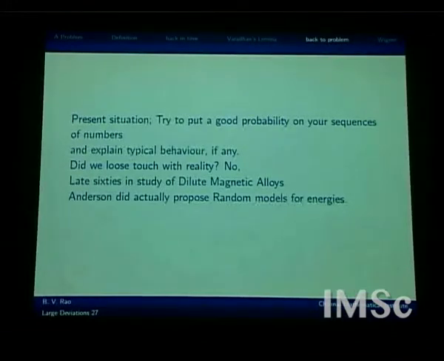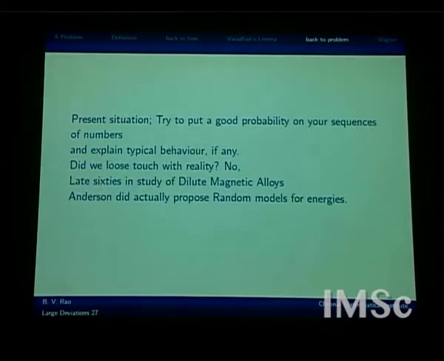Well, this is actually a model suggested by Anderson long ago explaining magnetism and so on. You think that atoms are placed at lattice points. There is an interaction and so on and so forth, you solve all sorts of problems, that is nice as far as magnetic materials are concerned.